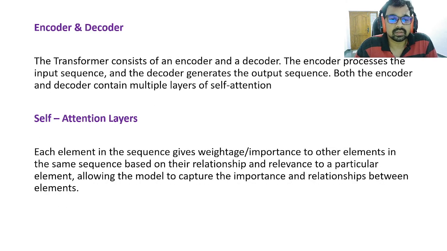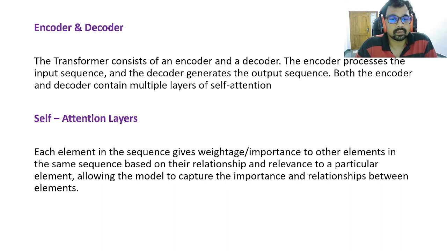Self-attention layers. This is the main important part of our transformer model. In self-attention, each word gives attention to other words depending upon its relationship or relevance among the other words in the same sequence. Thus, it allows a model to capture the importance and relationships between the elements.